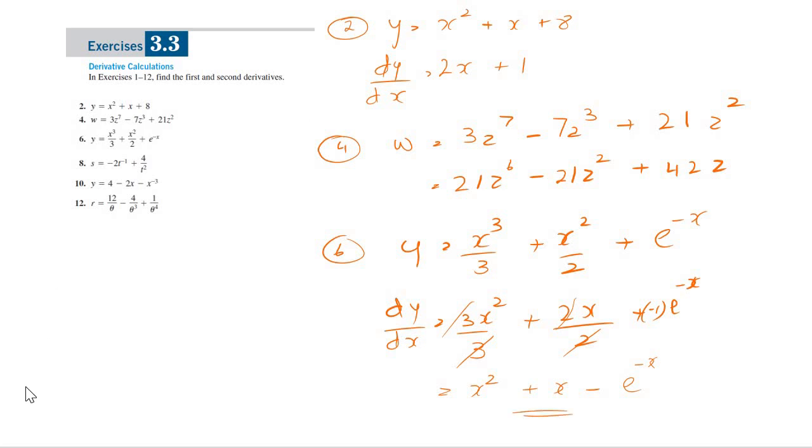Do the other questions on another slide. Question number 8. s equals minus 2t to the power minus 1 plus 4 over t squared. So let's get the denominator to the numerator before we work with this. So it's minus 2t to the minus 1 plus 4t to the minus 2.